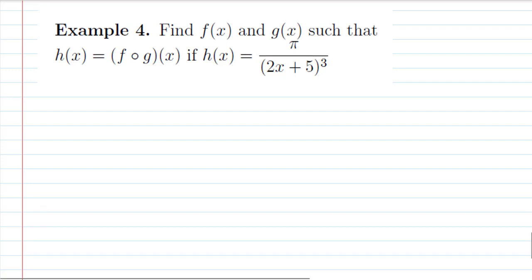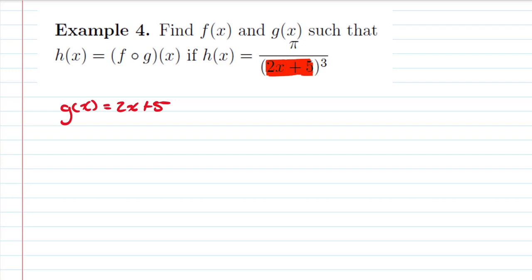So our tip said to look for something that's inside of something else. Well, in this example, we see that the 2x plus 5 is inside of the cubing function. So that would suggest that our g of x is equal to 2x plus 5.